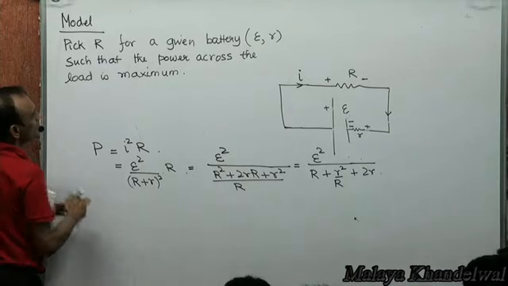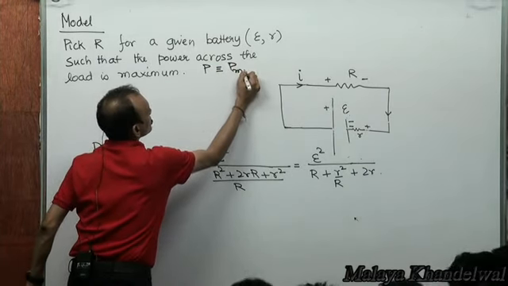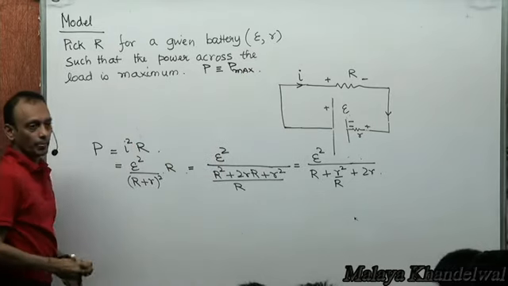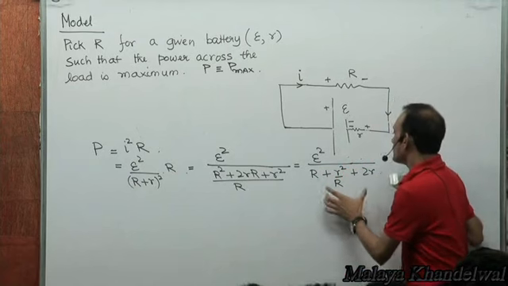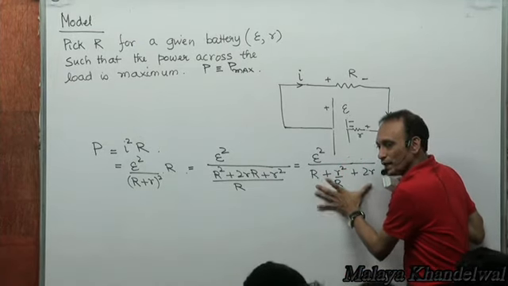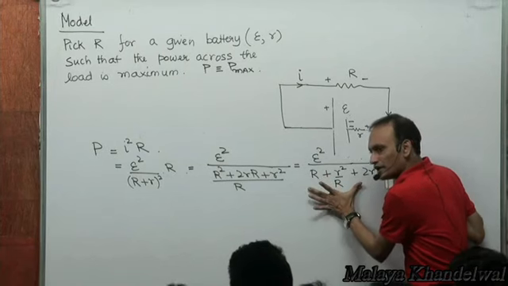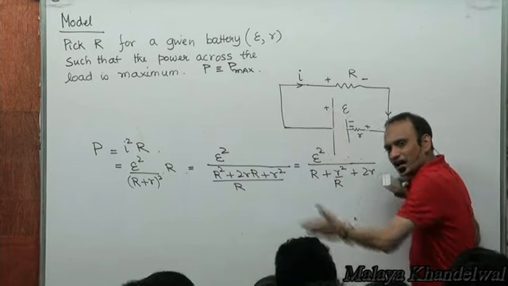Okay. So, I want to have P equal to P max. Now, if power is maximum, then the denominator must be the minimum it could be. I have to select the smallest possible value of the denominator so that the ratio is the largest, right?